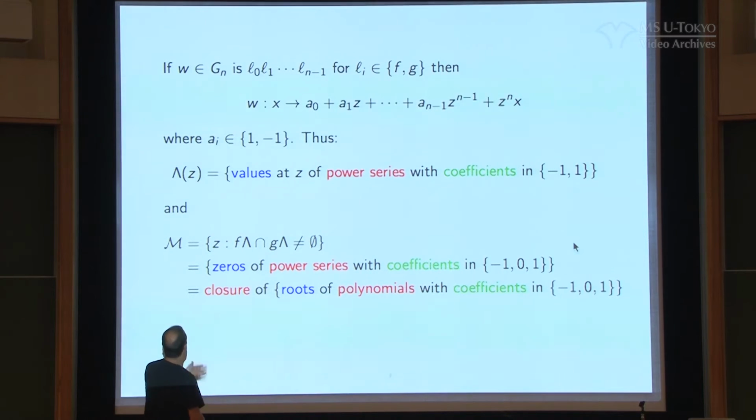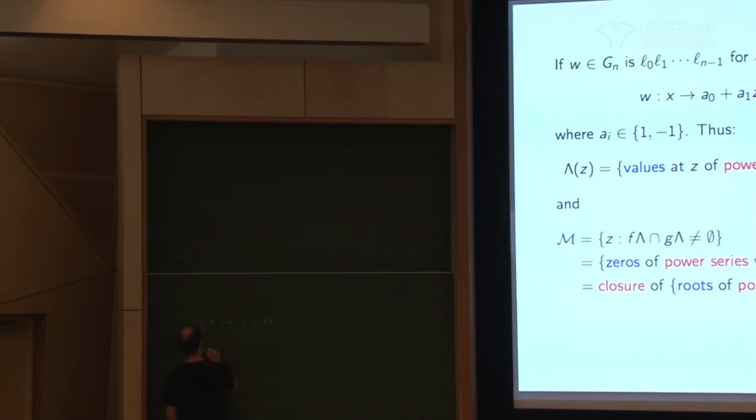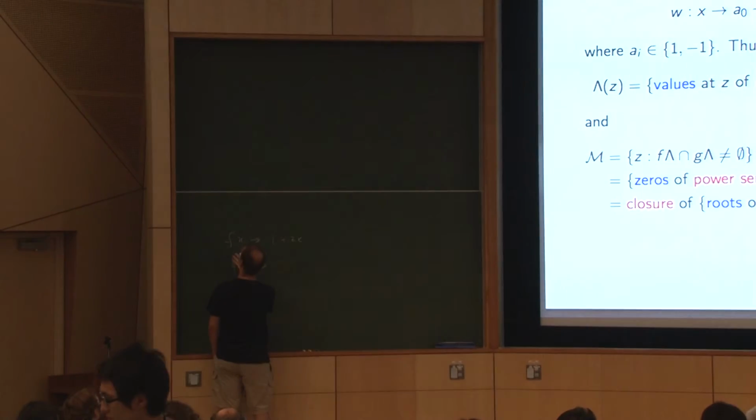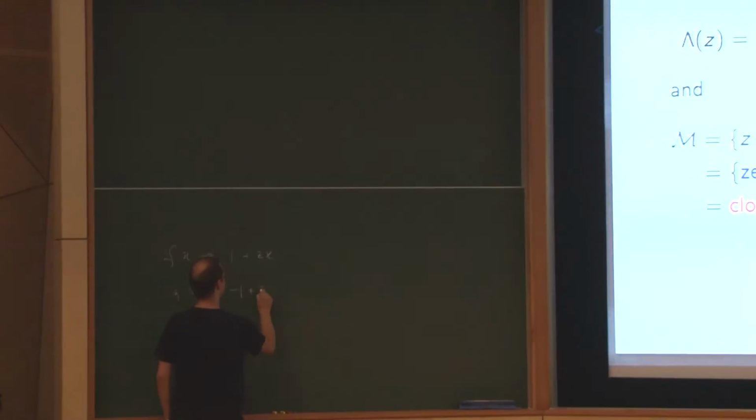The reason for this is sort of extremely simple. If we think of our input as being expressed as a polynomial in z, what do f and g do to it? f just took x to 1 plus zx, and g just took x to minus 1 plus zx.